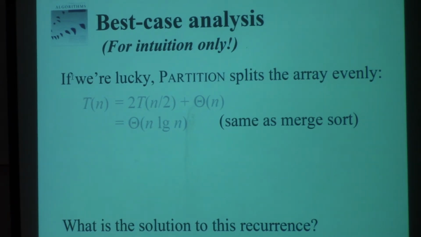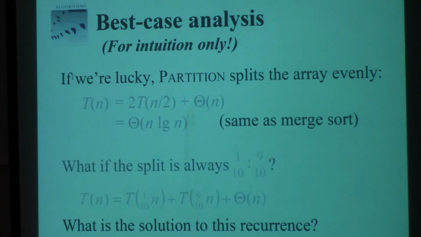Now the question becomes, that's unrealistic. N log n is nice, it's good, but what happens if we always split the array 1/10, 9/10? So if we have 1,000 elements, it's going to be 100, 900. This 100 is going to be 90, 10. This 10 is going to be 9, 1. Get the idea?